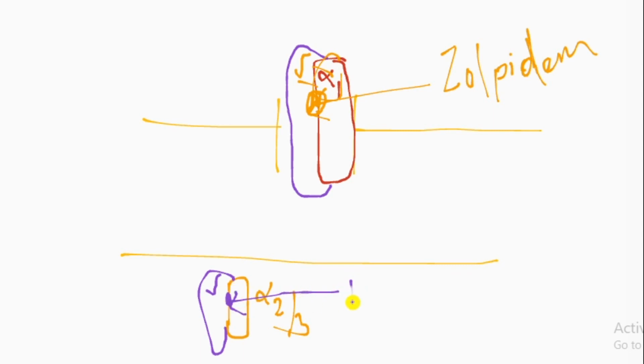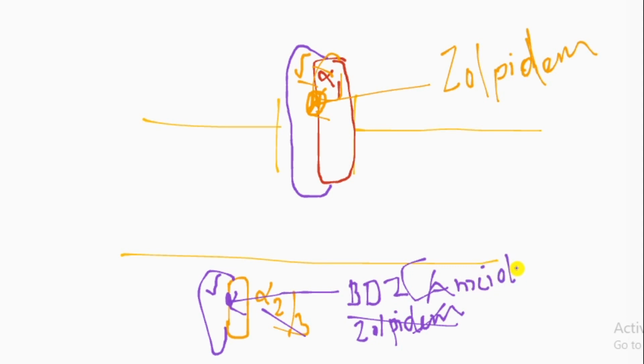But benzodiazepine can work here, but zolpidem can't work because it is alpha 2 or 3. Benzodiazepine works here with the action of anxiolytic. So it can enhance the affinity of GABA neurotransmitter and increase the frequency of chloride influx.